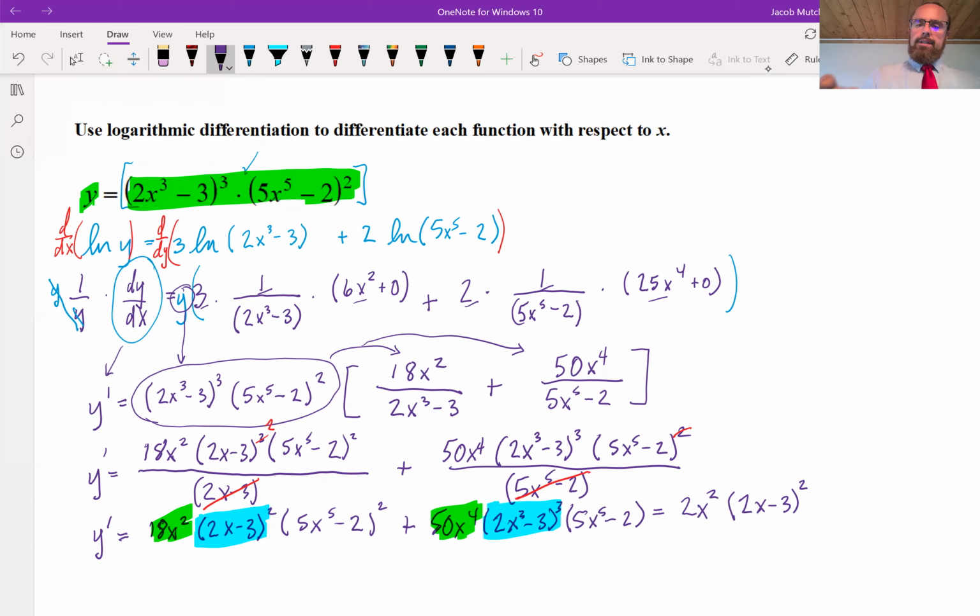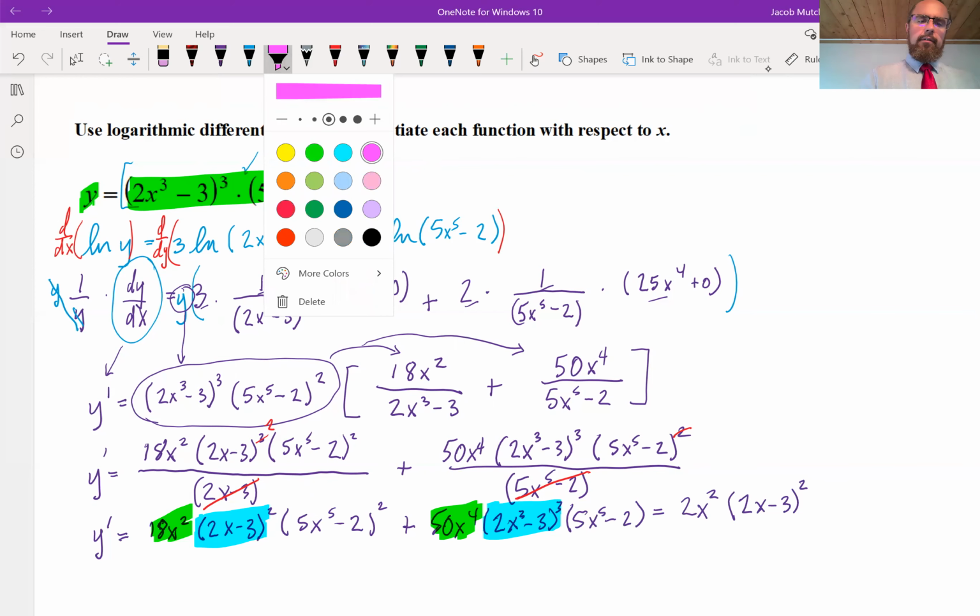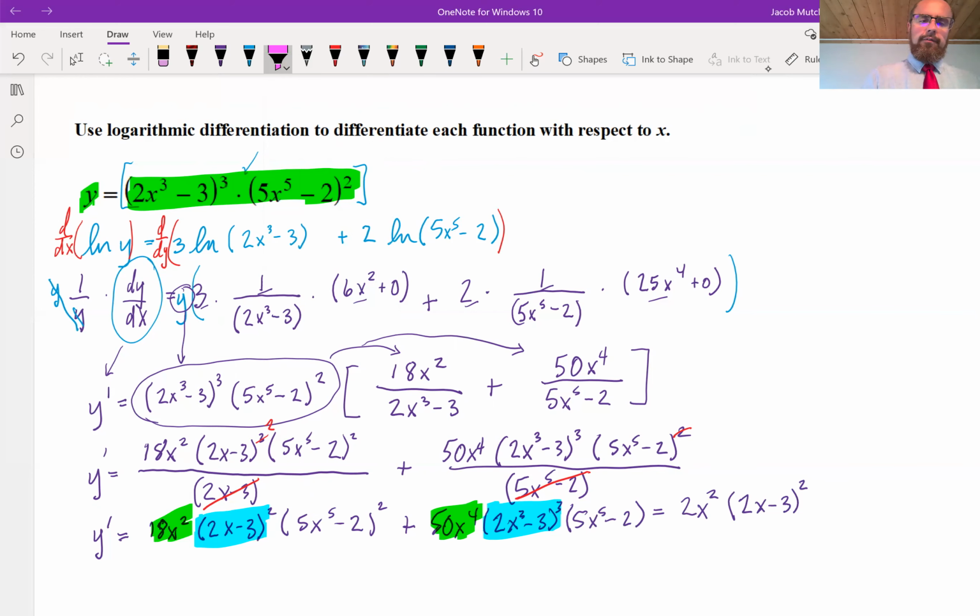The last piece that's here for us, if I highlight it, is this common factor of (5x to the power of 5 minus 2) squared. And I've got the same binomial, but it's to the power of 1.